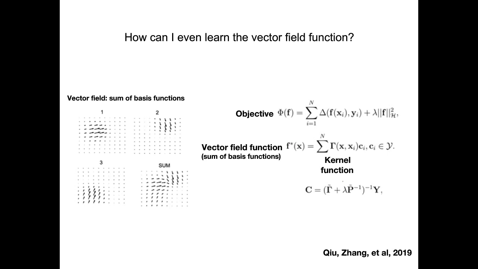For these three basis functions, the velocity vector flow in each of them is very simple. But when we combine them together, they can be used to represent a complicated vector field.